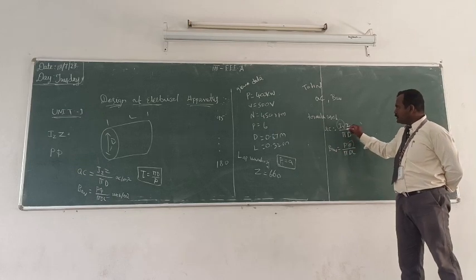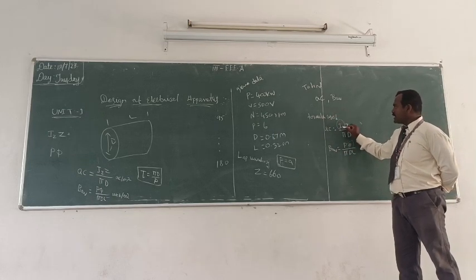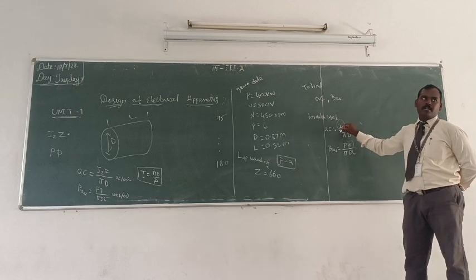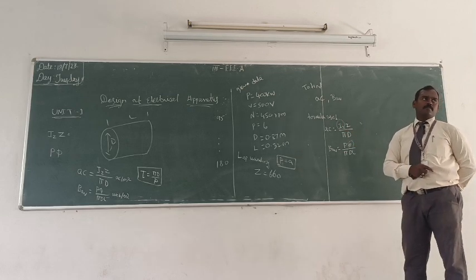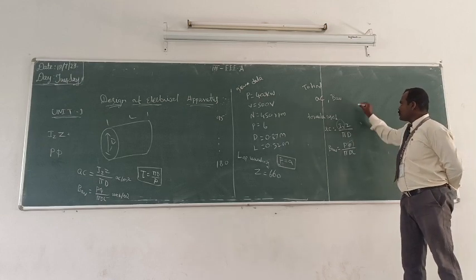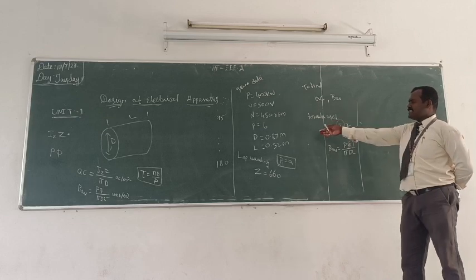If in the given data itself they are given the I value and pi value directly, you can substitute straight away in the formula and find it easily. But they are not given, so you need to find the flux. You know it's a DC motor.